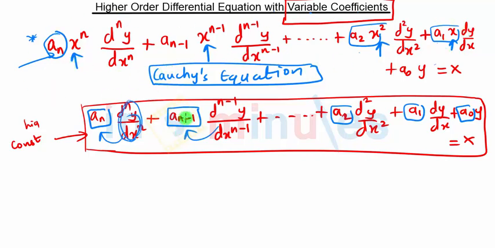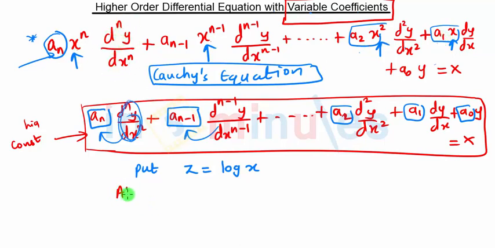Whenever our given equation is in the form of Cauchy's equation, we put z = log x. This is the basic substitution for any higher order differential equation with variable coefficients, provided it is a Cauchy's equation, where we have x^(n-1), x^2, x along with the derivative.